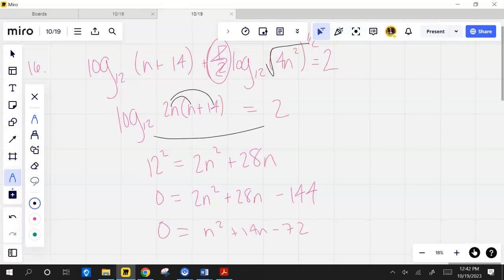No, because 12 to the second power equals this. It is an E for exponential. What do you mean? It doesn't factor.